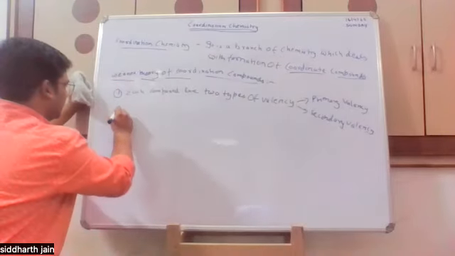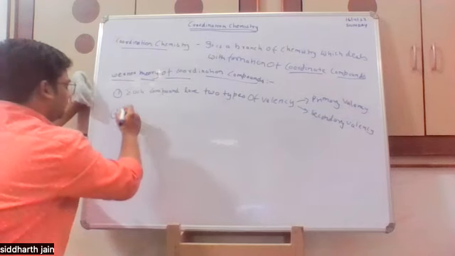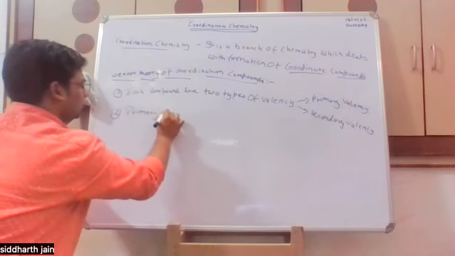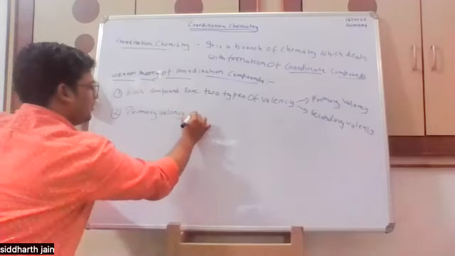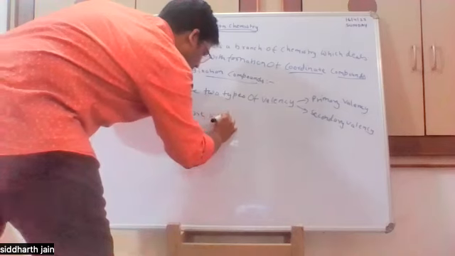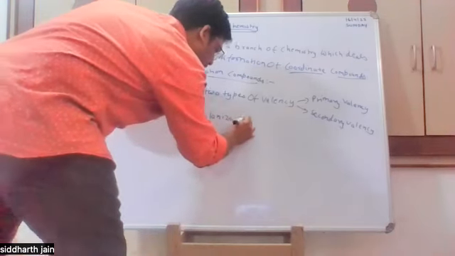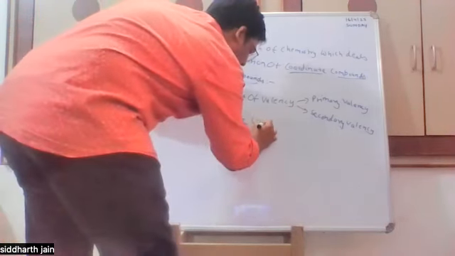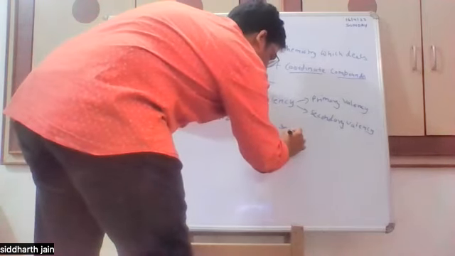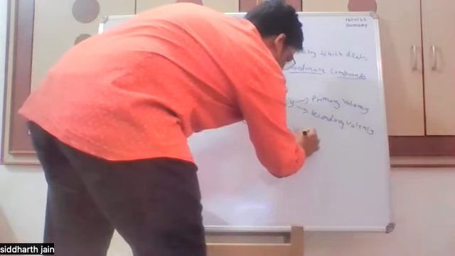Second thing he told is that primary valencies are ionizable valencies, while secondary valencies are non-ionizable.